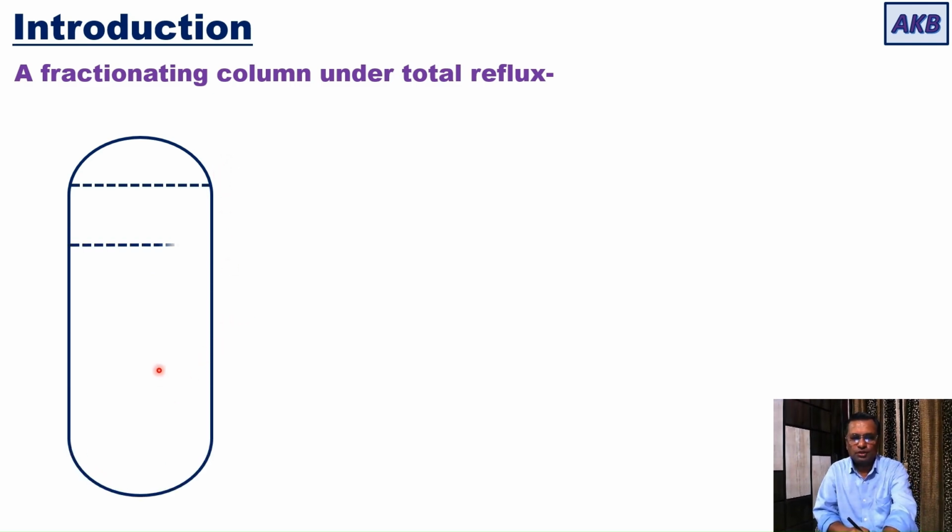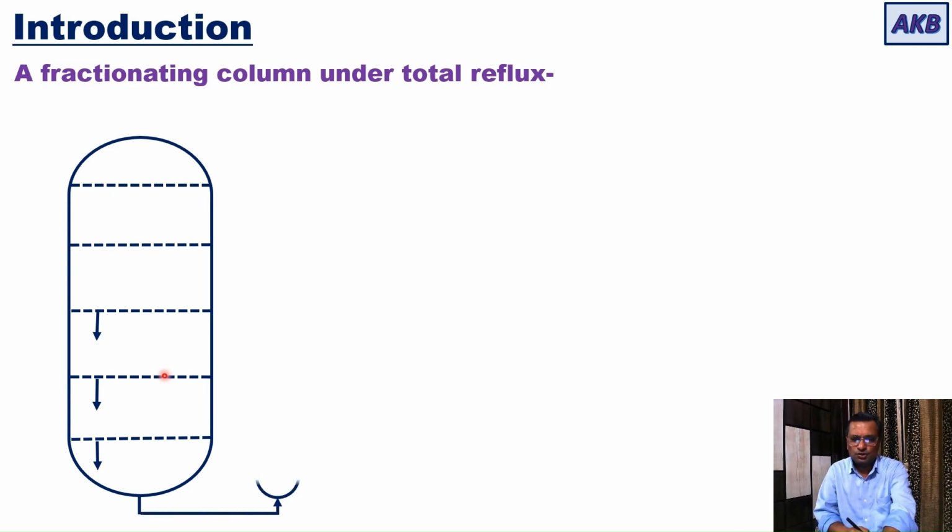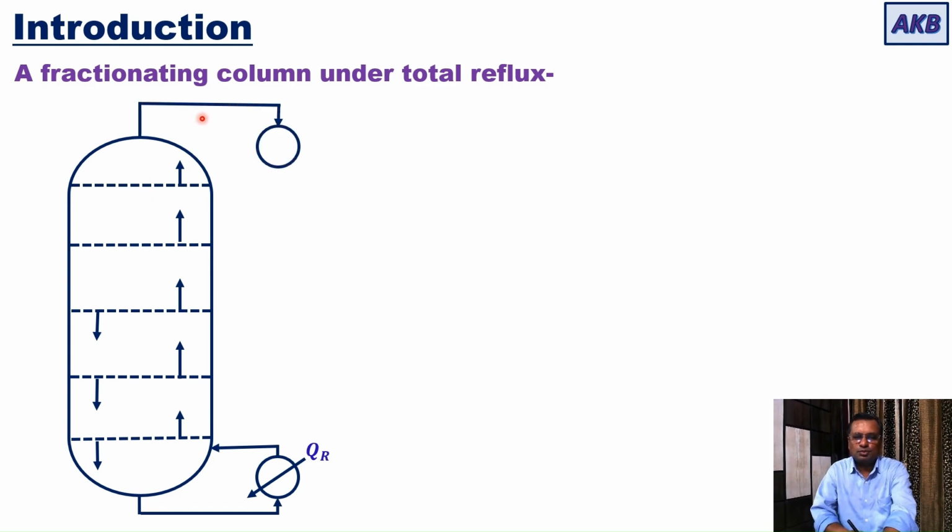You have the column, you have trays in it, then feed. Enough feed is given to the column and then it is stopped. The feed solution is sent to the reboiler where it is heated to boil it to create the vapor phase. The vapor phase is admitted at the bottom of the column. It rises.